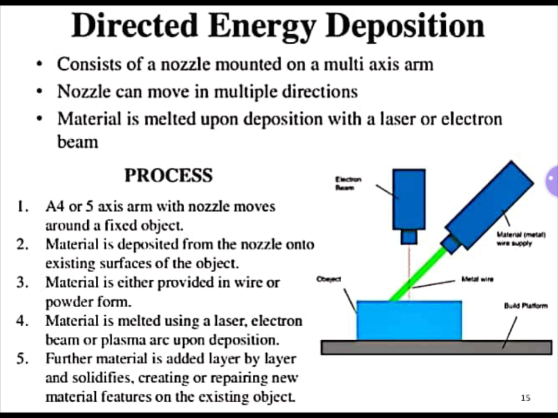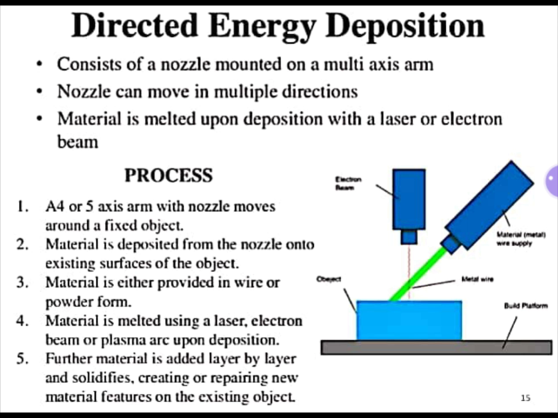The diagram shows the process, how the material is deposited onto the structure which is to be repaired. Here you can observe there is a build platform, and above the build platform we are going to keep the structure that has to be repaired.